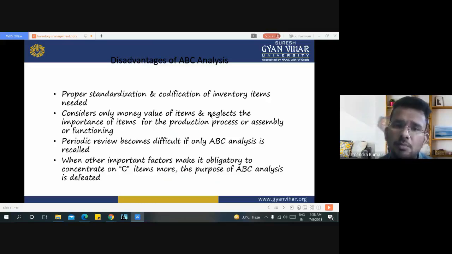Periodic review becomes difficult if only ABC analysis is recorded. If it is used in any manufacturing plant, then the periodic review becomes somehow difficult. When other important factors make it obligatory to concentrate on C items more, the purpose of ABC analysis is defeated.